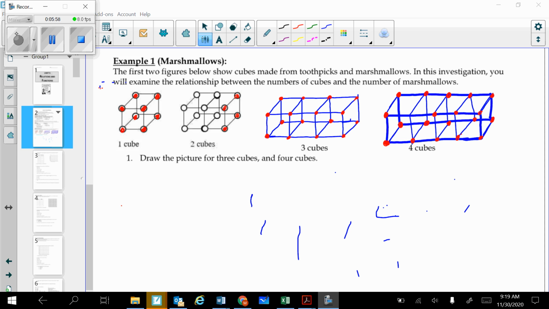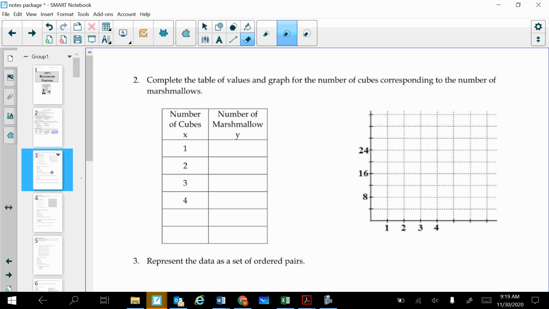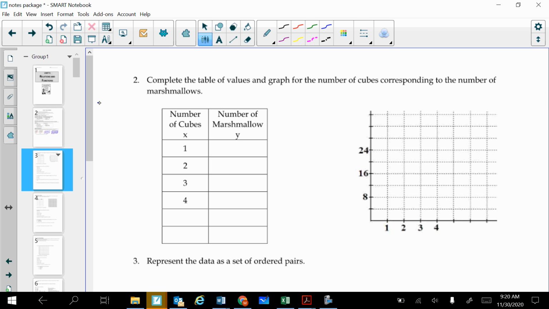Okay, so continuing on. We've got our cubes drawn. Now let's flip the page, and we are going to fill in a table of values using the cubes. So, number of cubes.